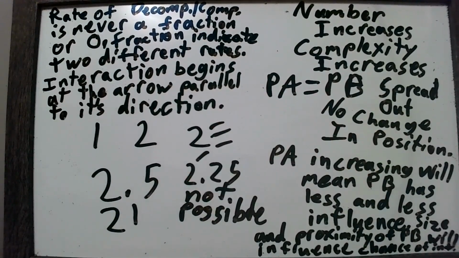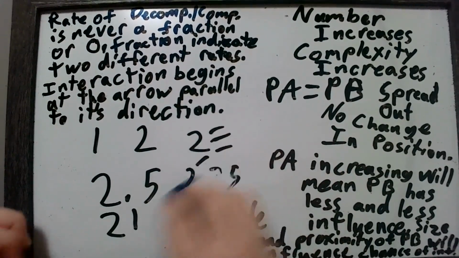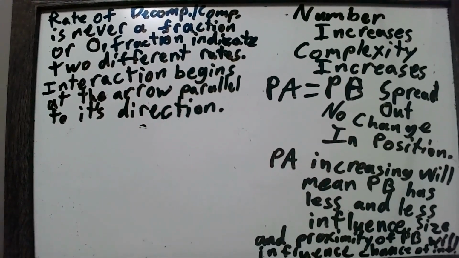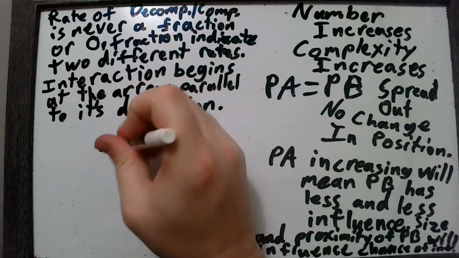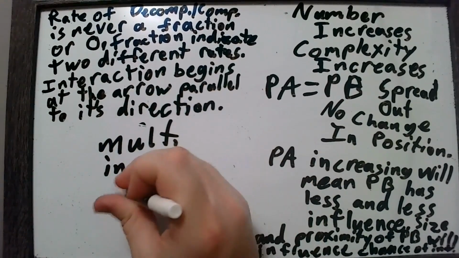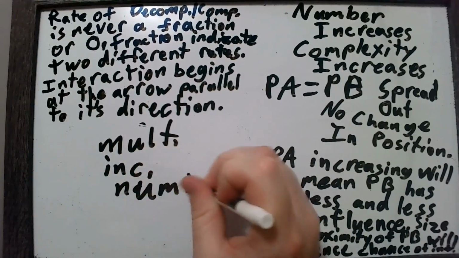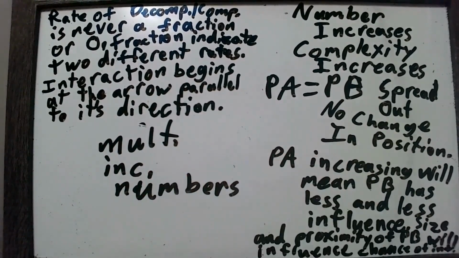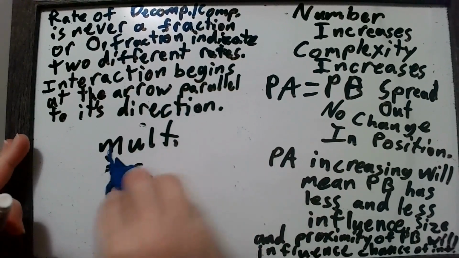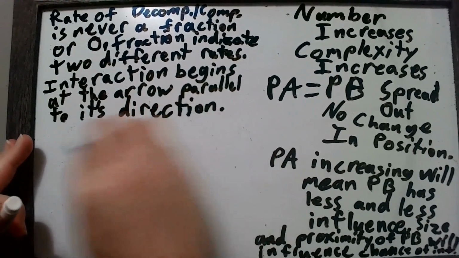And for compression, whenever you have something that is a fraction, what's going to happen is that you're having multiple incoming numbers. Okay? So if you get a fraction, that is not possible, and you need to rethink your strategy because you're apparently not spreading out the numbers enough. As I said, as the value increases, the amount of possible numbers increases.